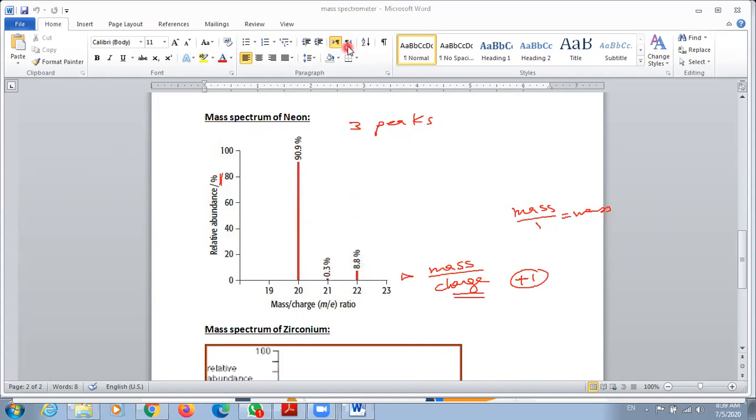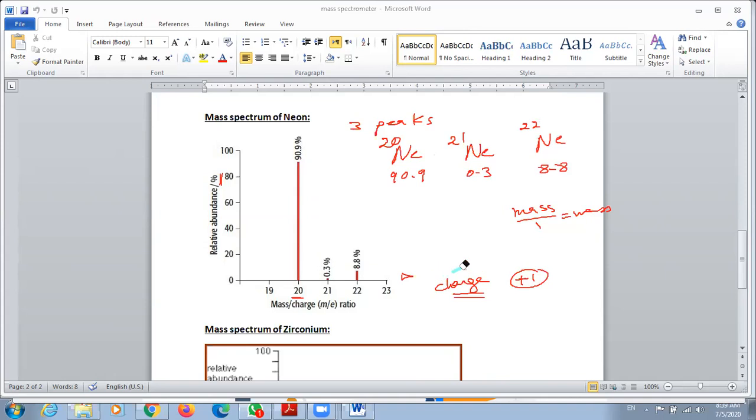Now the isotopes of neon, as you see here from this spectrum, are neon 20, and we get the 20 from here, neon 21, and neon 22. We will find that the percentage abundance of neon 20 is 90.9%, that of neon 21 is 0.3%, and that of neon 22 is 8.8%.